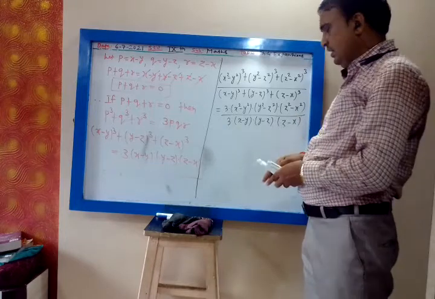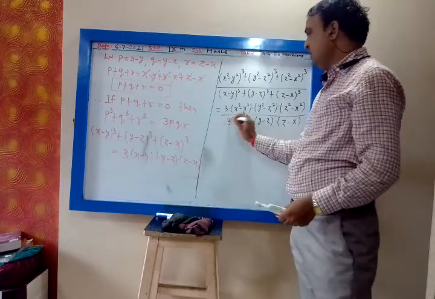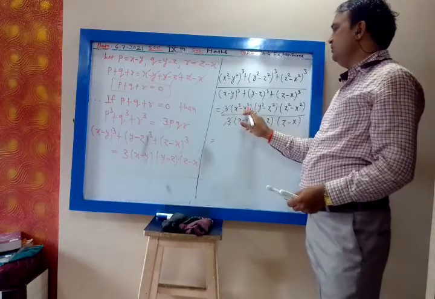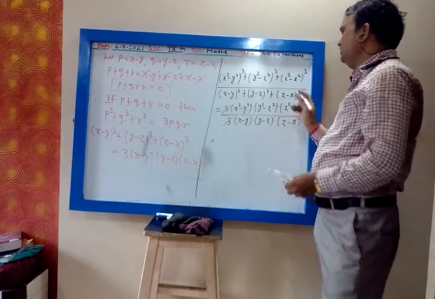Now see, this 3 gets cancelled. But what is the numerator? Numerator is a² − b², a² − b², a² − b².